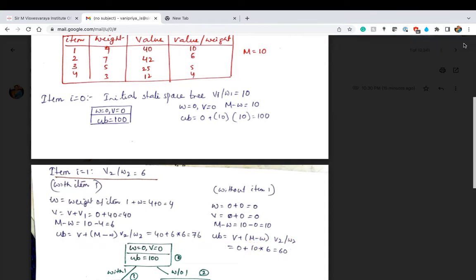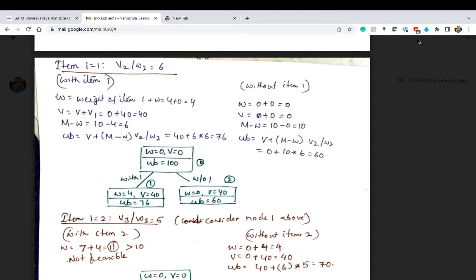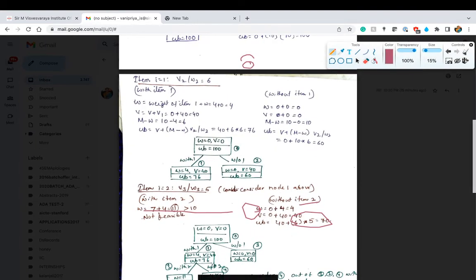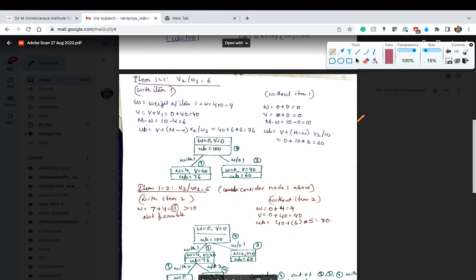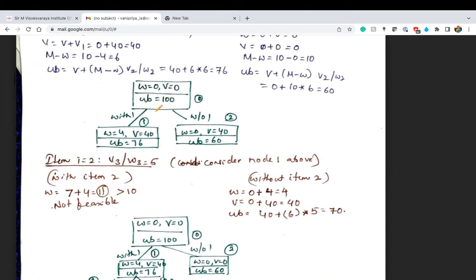So what are we going to do? We are going to partially construct the state space tree. How do you construct it? The first node we already saw in the initial state, and this node will have a left child and right child.